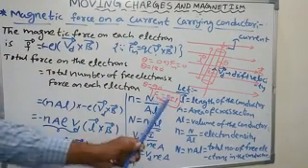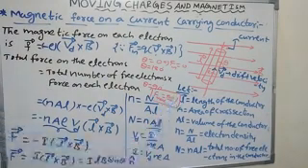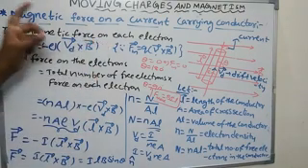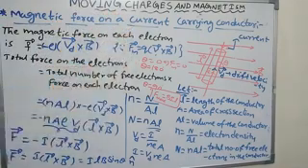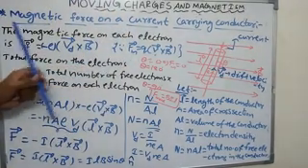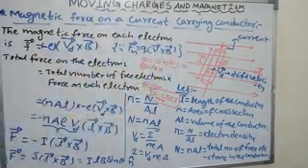B is the magnitude of the magnetic field, I is the current, and L is the length of the conductor. I hope you understood the magnetic force on a current carrying conductor. Clear now?